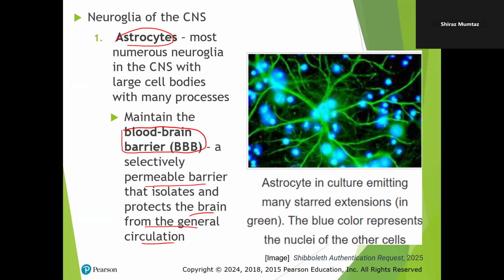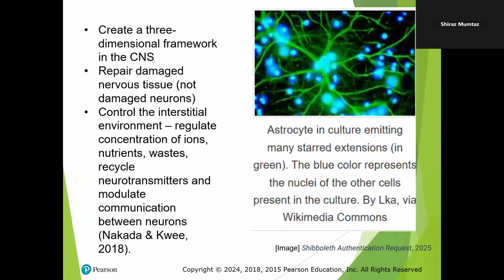The astrocyte also gives a three-dimensional shape to the brain, to the CNS. It repairs damage of the nervous system, but not the neuron itself.